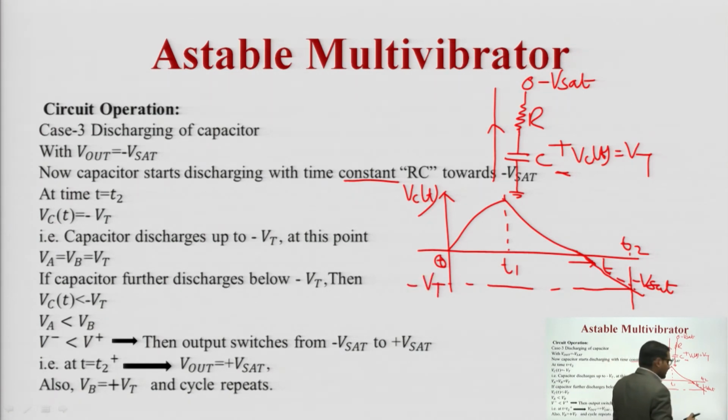If the capacitor further discharges below minus Vt, then we can say that Vct is less than minus Vt, or Va is less than Vb, and also V minus is less than V plus, and the output switches from minus Vsat to plus Vsat. At t is equal to T2 plus, Vout is equal to plus Vsat, and also Vb is equal to plus Vt, and the cycle will repeat.